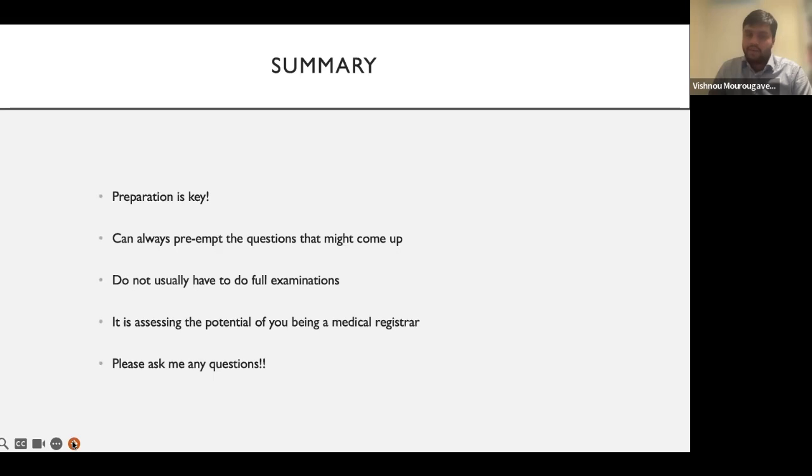I don't think you have to do that in every single focused cardio exam in the clinical consultation. So you've got to be selective. I'm sure you aren't doing ward rounds and doing collapse and pulses on everyone. Remember, you're trying to be a medical reg, so the consultant is looking at you and saying, could the medical take work well with this person?